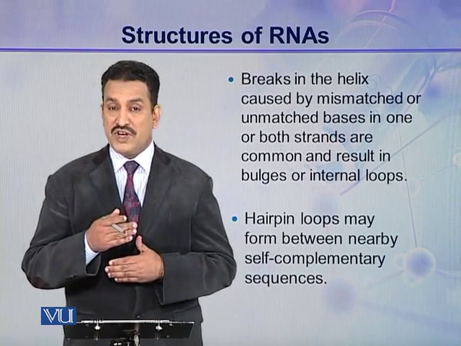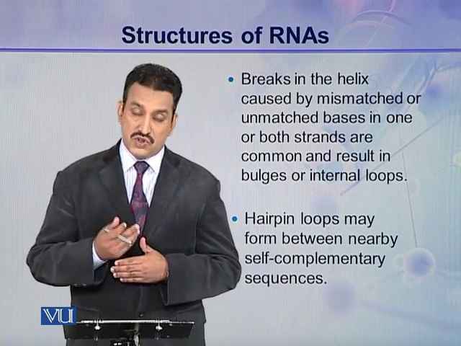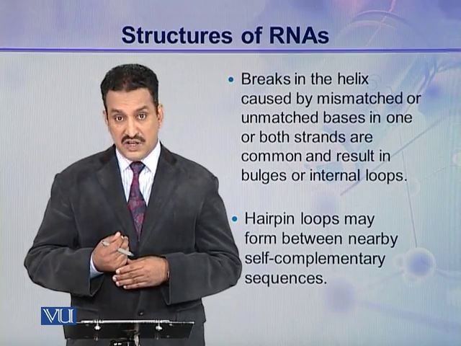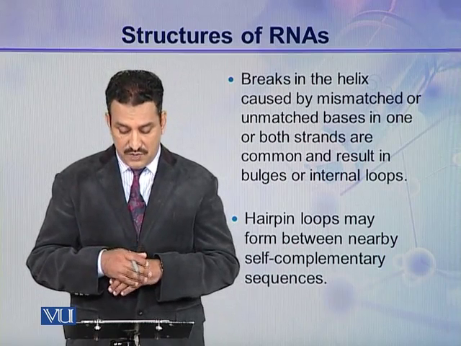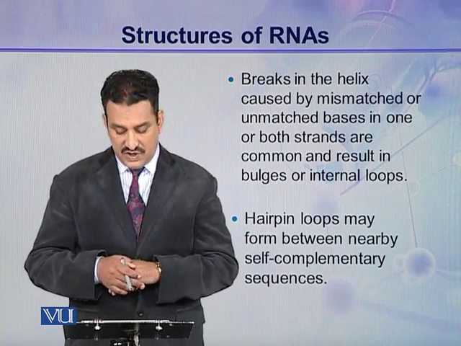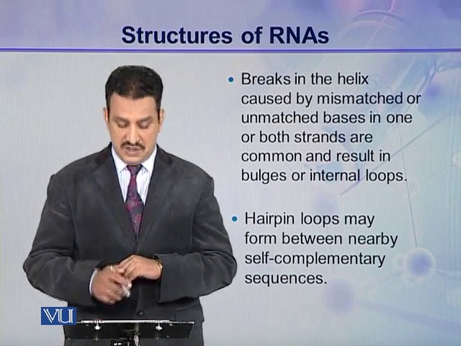So at these points either a bulge is formed or a loop is formed. Similarly, another type of loop which is called hairpin loop may form between nearby self-complementary sequences.